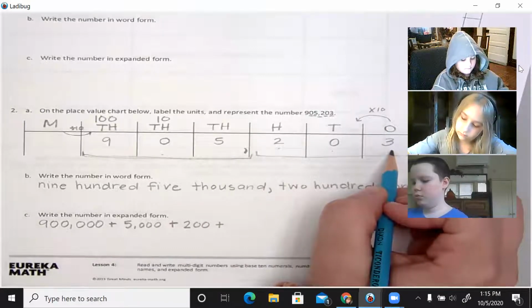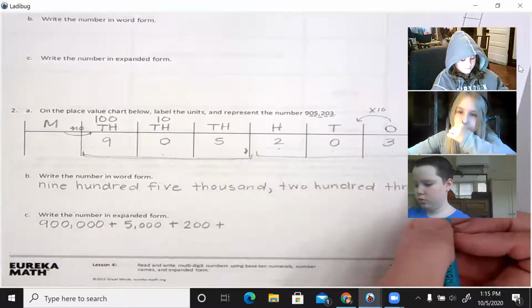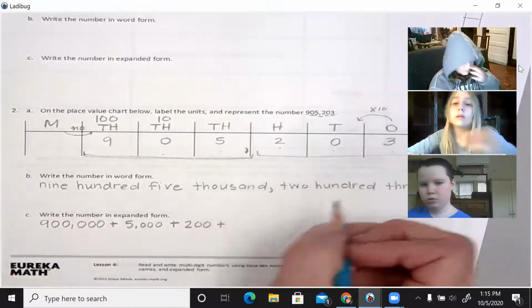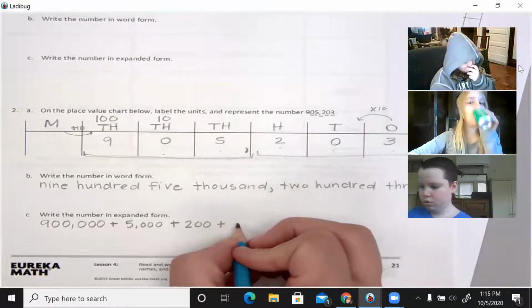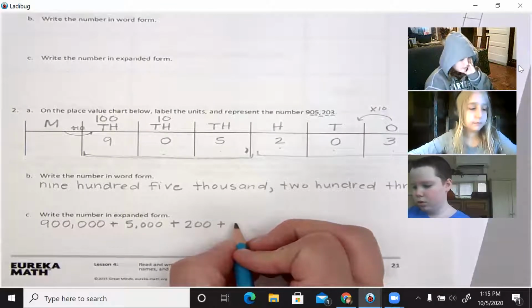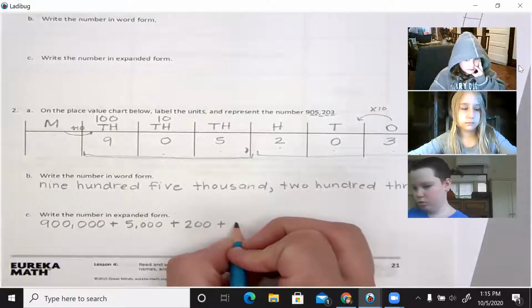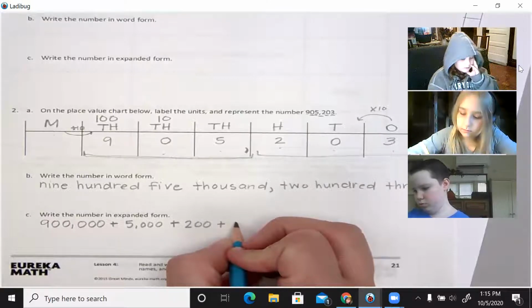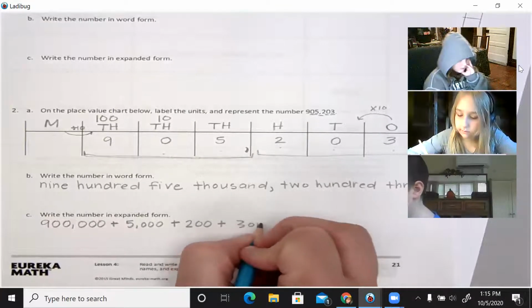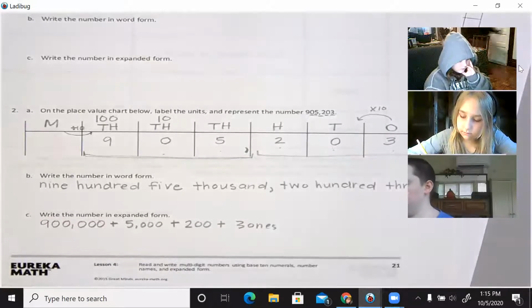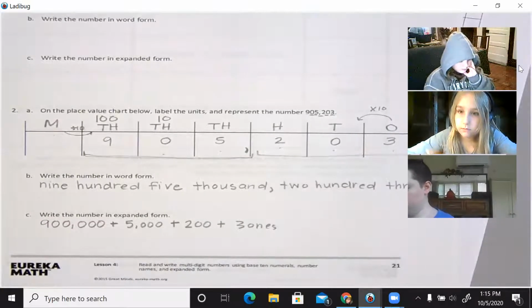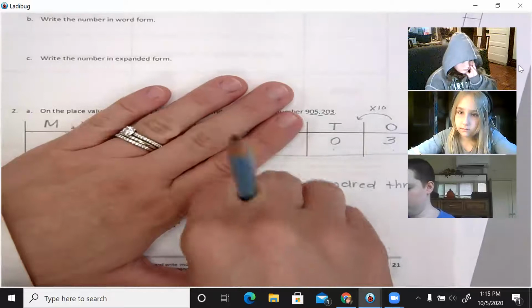Sarah, what's the value of this 3? 3 ones. So what's the value? What's it worth? 3 ones. Well, I'm going to write 3 ones here. You just write 3. So the value is 3.